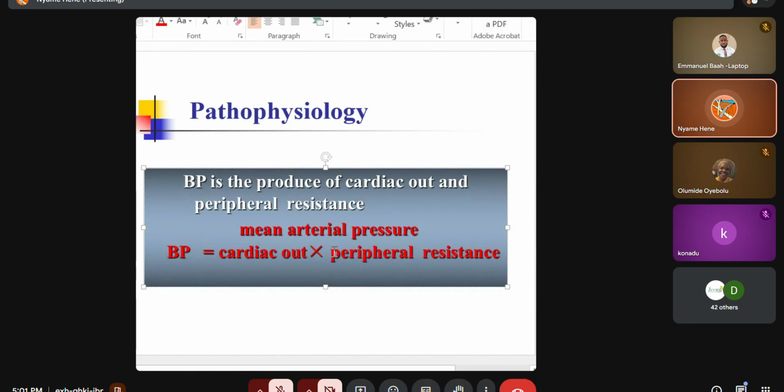So for instance, when there is a plaque, when there is a trauma to the heart or the blood vessels, when there is a blockage in the blood vessel, it's going to affect the BP. When there is a problem with the heart, when there is a myocardial contractility problem, when there is weakness of the heart, it's going to affect the BP.